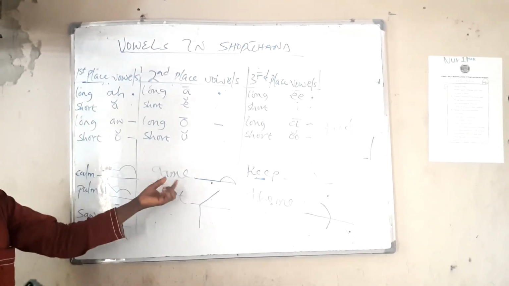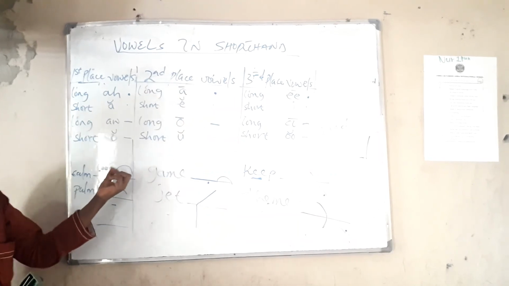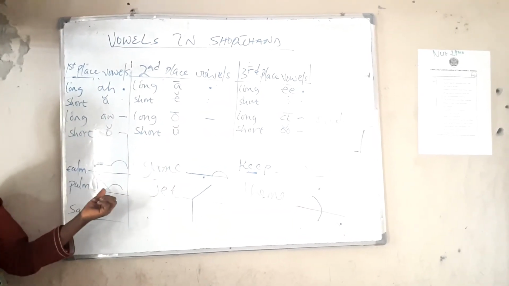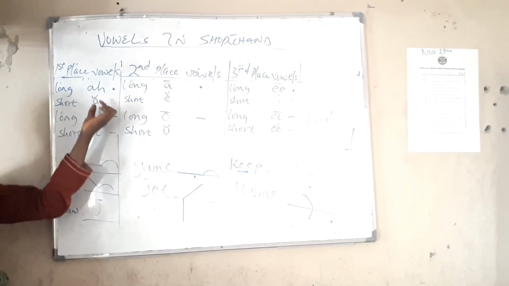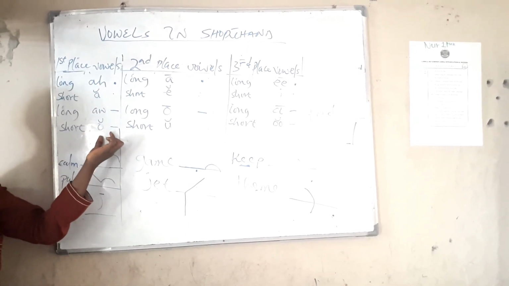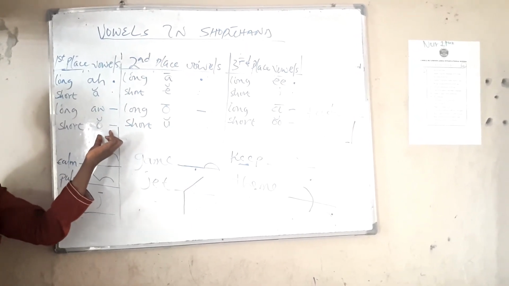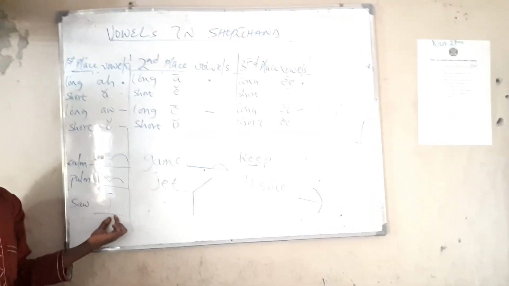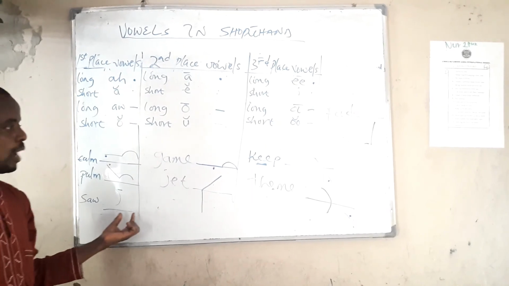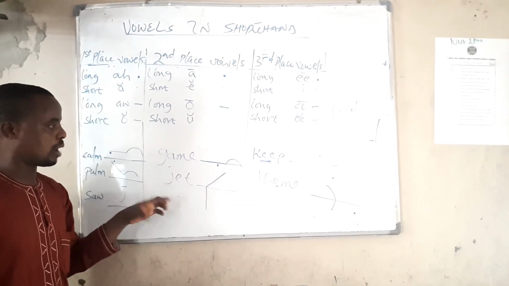Then you can see we have second place vowels. All these outlines are above the line, because we say first place vowel is written above the line. And the first vowel in a word determines the outline. That is why all the outlines given here are above the line.